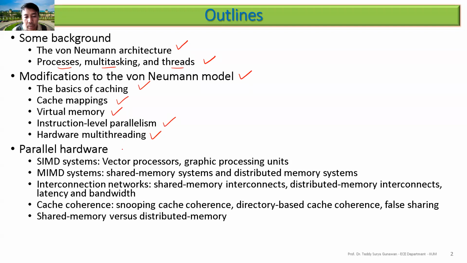Then we go to parallel hardware. What are SIMD systems? Single instruction, multiple data. So you have a single instruction and then multiple data. The examples are vector processors and GPUs.